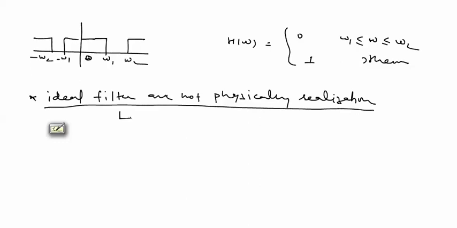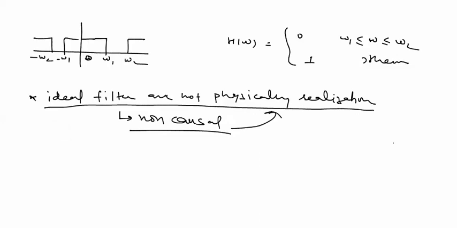All ideal filters are non-causal, and a non-causal system is not physically realizable. Now we complete this topic, which is very important, and we have discussed all aspects of it.